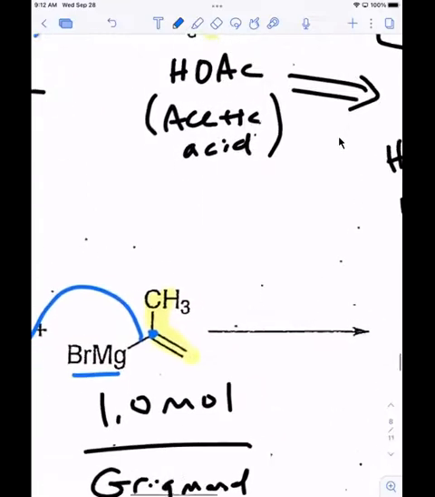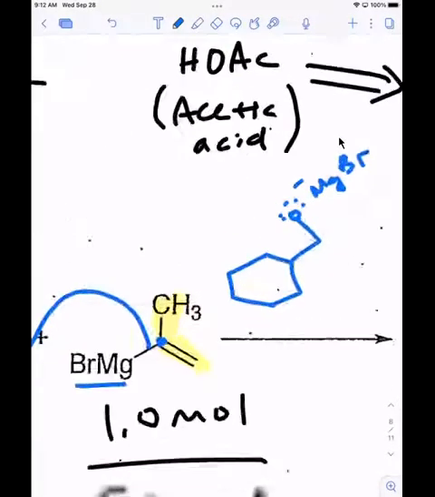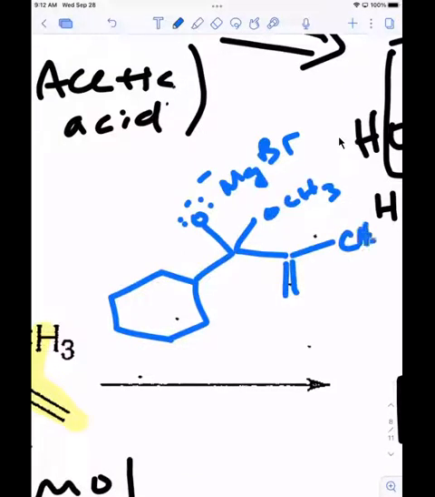We still get to this tetrahedral intermediate that looks like this, with OCH3 here. That's what the intermediate would look like.